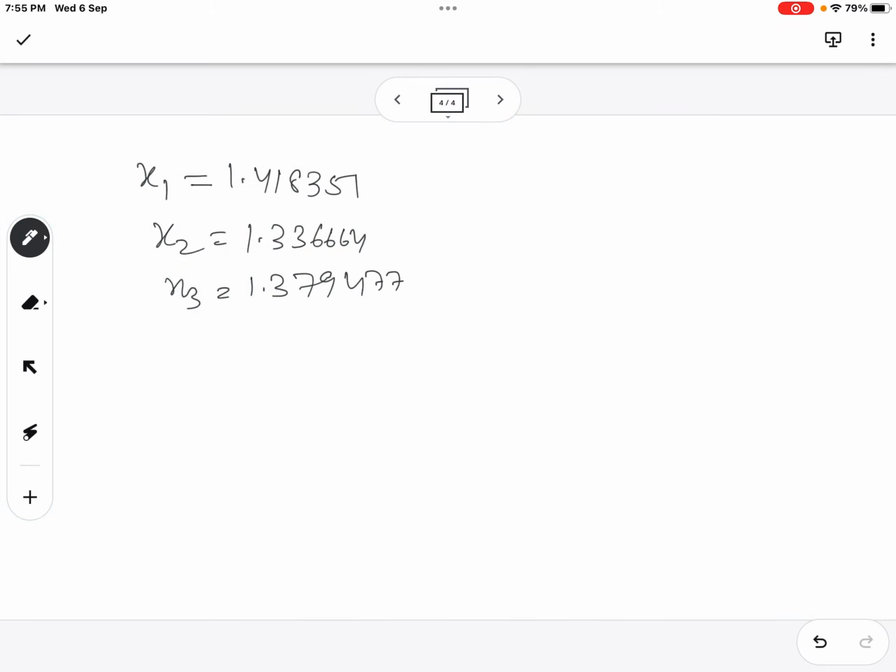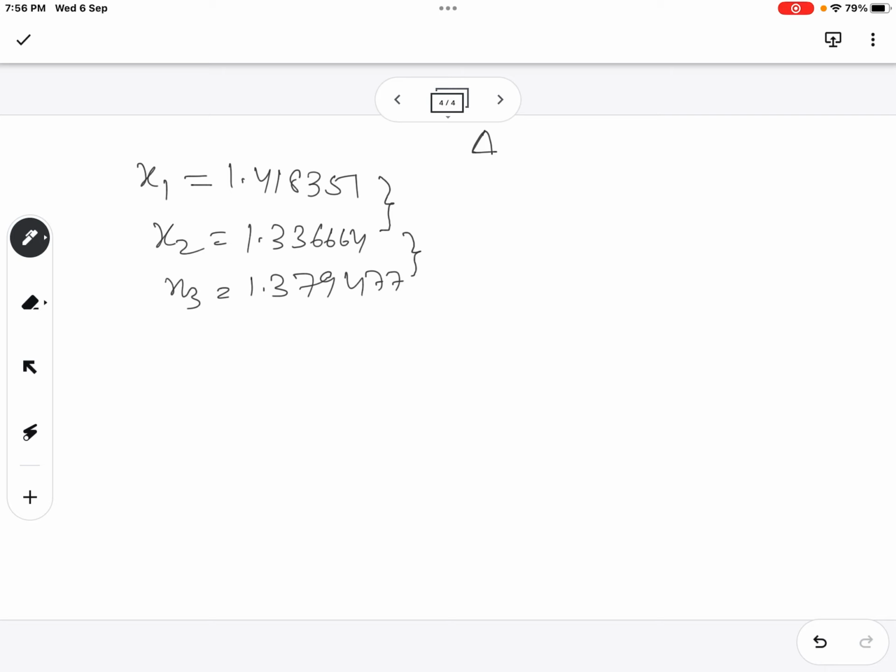So now we can construct a difference table. The first difference is the difference between this and this, and this and this. So let us find this difference.